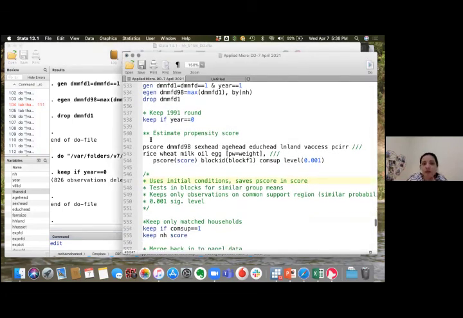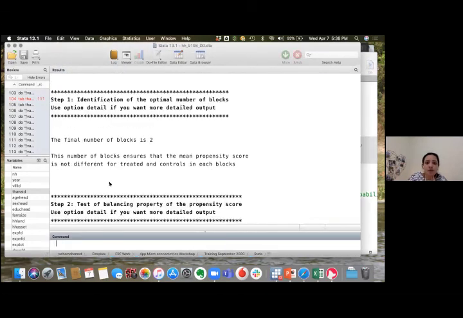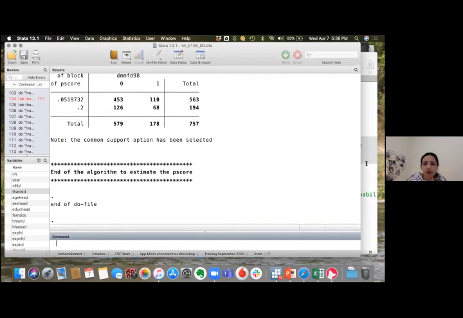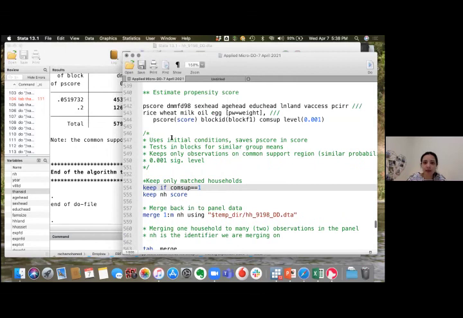So here I am using another command, the one I told you about last time, p-score, to create the propensity score matching. Okay, and I will focus on those who are on the common support area. So those who are on the common support area, I am sure that they will have a match.